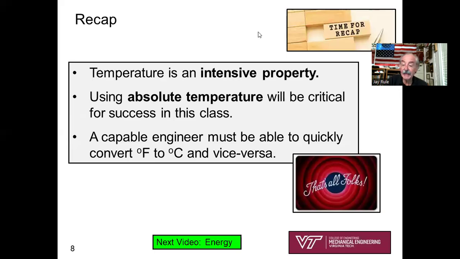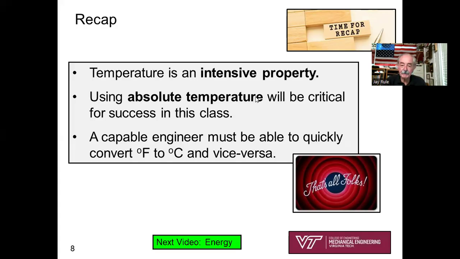Okay, here's our recap. I now declare you experts in the measurement of temperature. So temperature is an intensive property. You remember why? If you could get into a closed system and sample a lot of subsystems within that major system, you would measure the same temperature throughout that thermodynamic system.